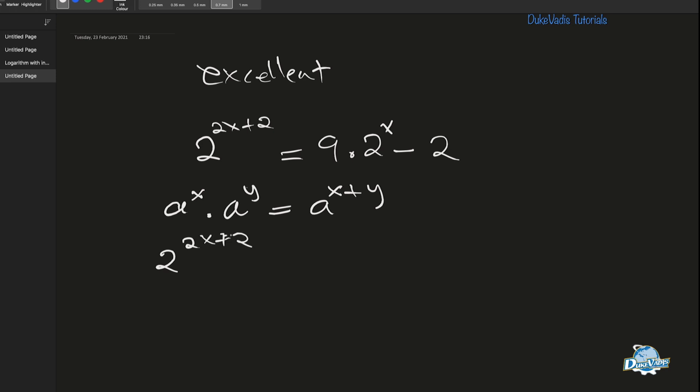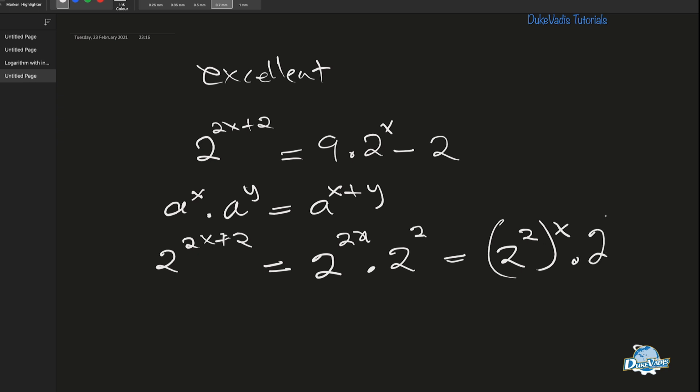If we employ this property, then this will be 2 raised to the power 2x multiplying 2 raised to the power 2. Agreed? Fantastic. But, you know, this can also be broken down as 2 raised to the power 2 into bracket x multiplying 2 raised to the power 2.